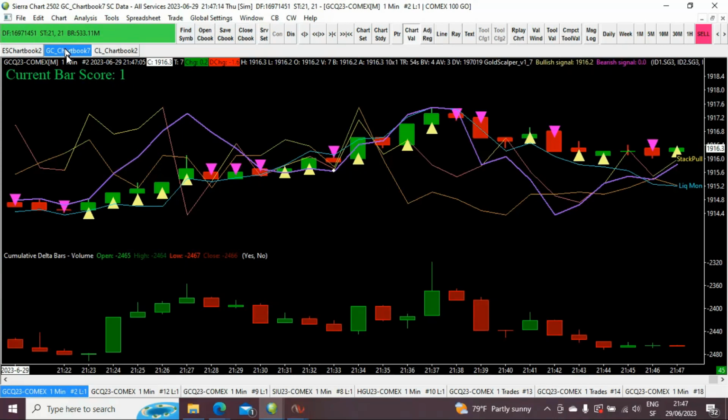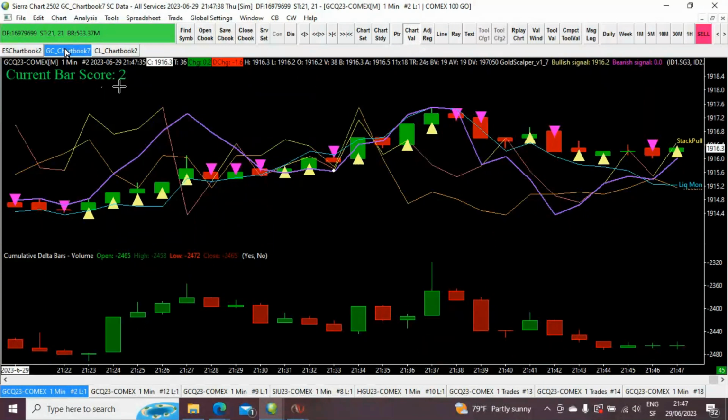So it uses that check on correlated markets as one indication of potential trade, and depending on the strength of that correlated market move, it'll calculate a score.